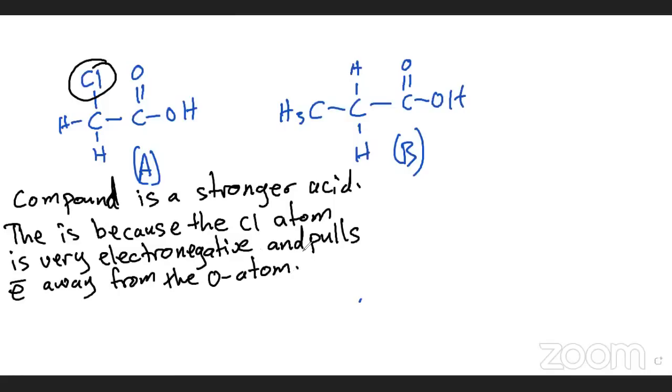Just remember, for the acid to be strong, you don't want the negative charge to be centered on the oxygen. This chlorine atom is pulling away electrons from the carbon, so basically the presence of chlorine causes a net movement of electrons away from the oxygen.